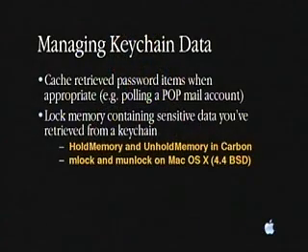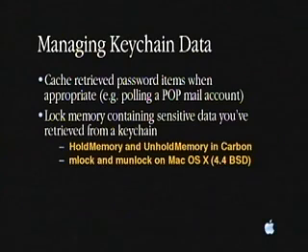So along those lines, it's entirely appropriate to cache items that you retrieve out of a keychain. Especially on 10, when you have a protected memory model, you can hold something in your own process's memory space, and other processes running on the system can't get access to it. The caveat there is that while memory is protected, you want to protect against that thing getting written out to disk.